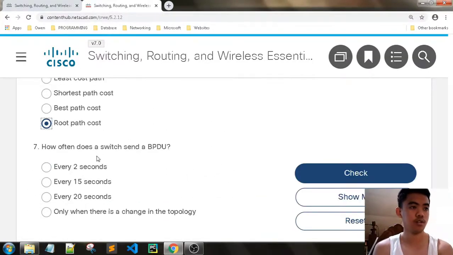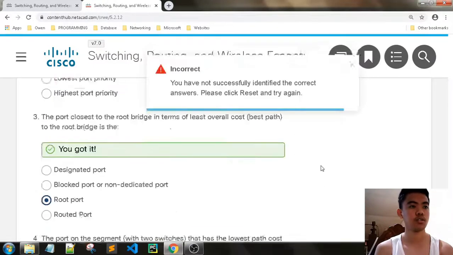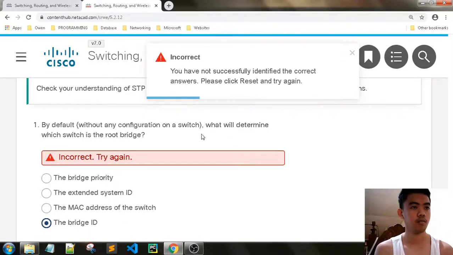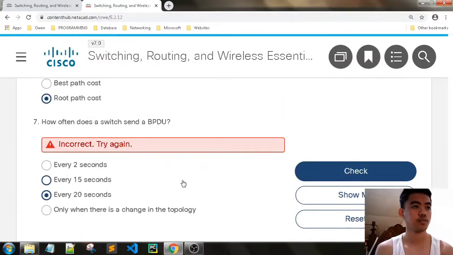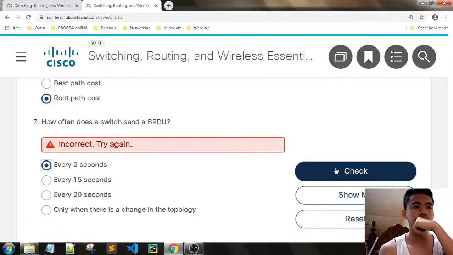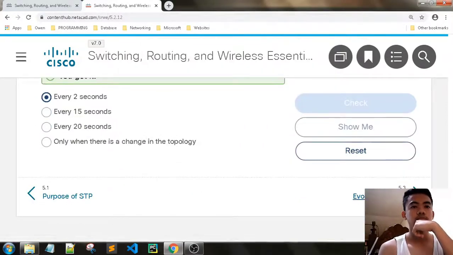How often does a switch send a BPDU? I think it's every 20 seconds. Okay, every 2 seconds. So you got the correct answers.